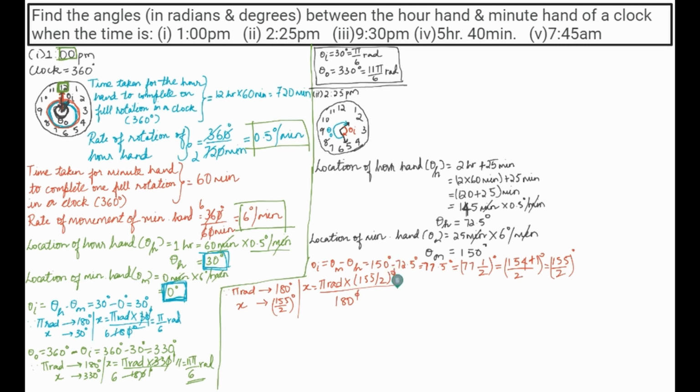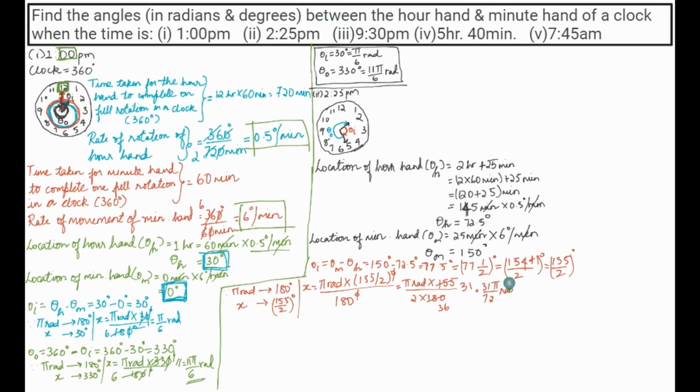So we get pi radians into 155 divided by 2 into 180. So we get 5 into 36 is 180. 5 into 31 is 155. So we get 31, which is equal to 31 pi by 72 radians.